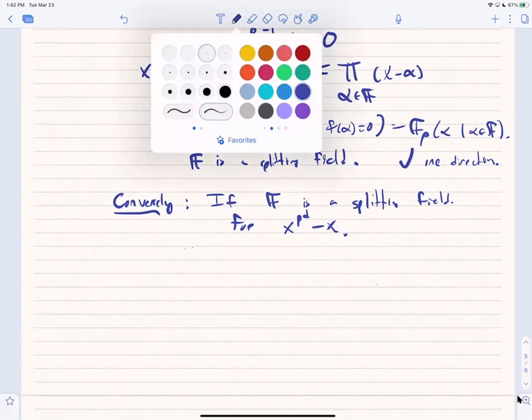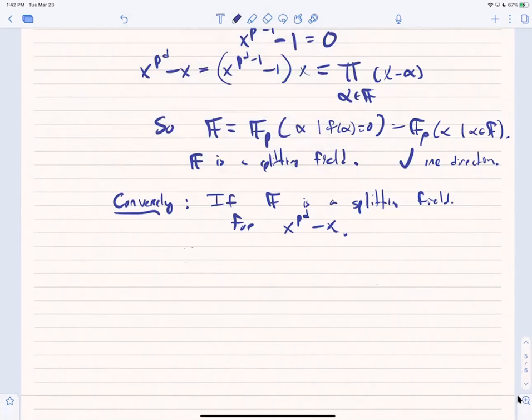Sorry about that. Well, the thing to note is that the roots of x to the p to the d minus x are unique.